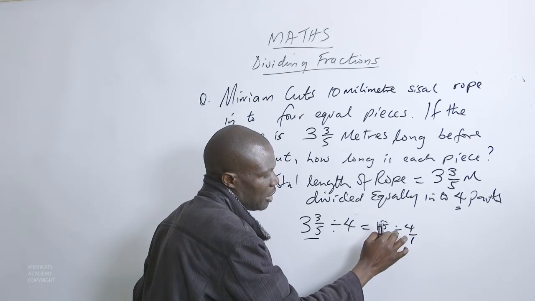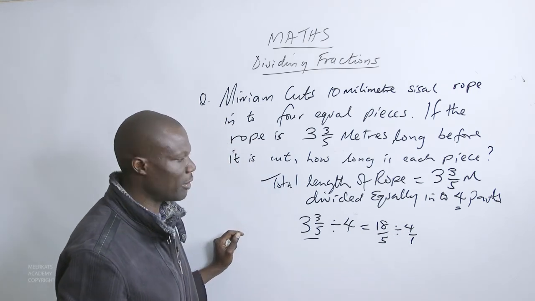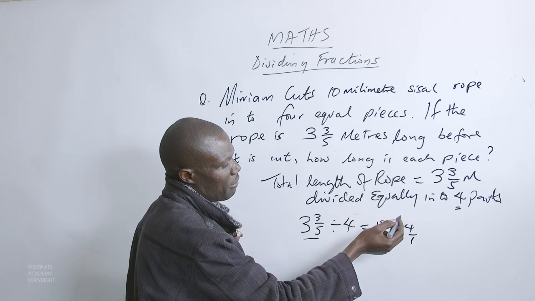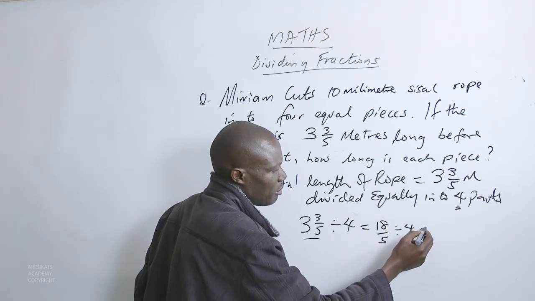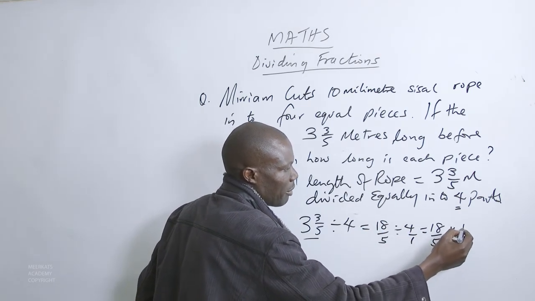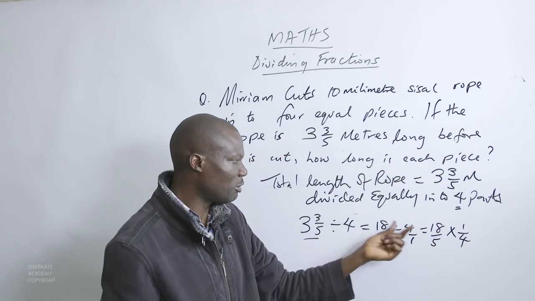So in this case, we introduce a denominator 1, so that instead of having 18 over 5 divided by 4 over 1, we simply say it is 18 over 5 multiplied by 1 over 4. A quarter is the reciprocal of 4.